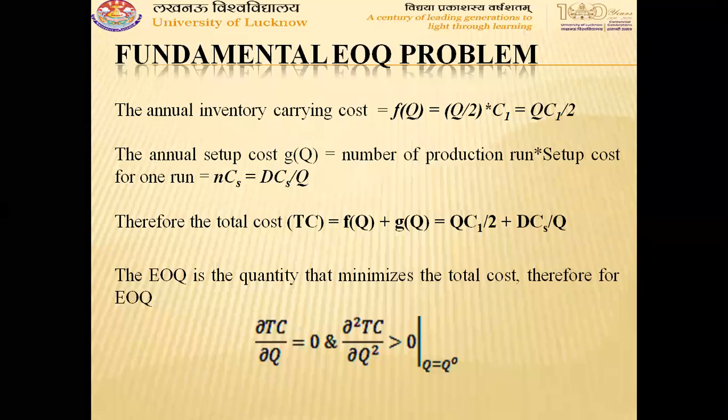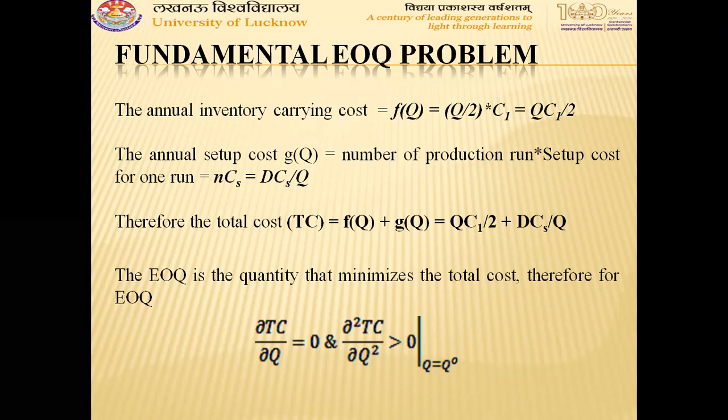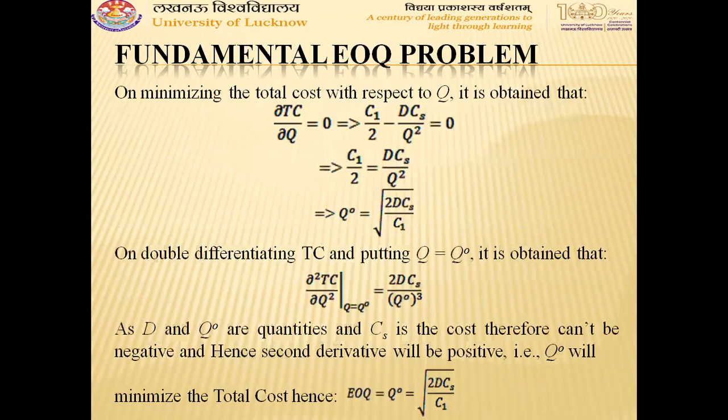Now we minimize the total cost with respect to order quantity. So apply the condition of minimization, that is, the partial differentiation of total cost with respect to Q will be 0 and the second derivative should be greater than 0. On minimizing the total cost with respect to Q, it is obtained that del TC upon del Q is equal to 0.